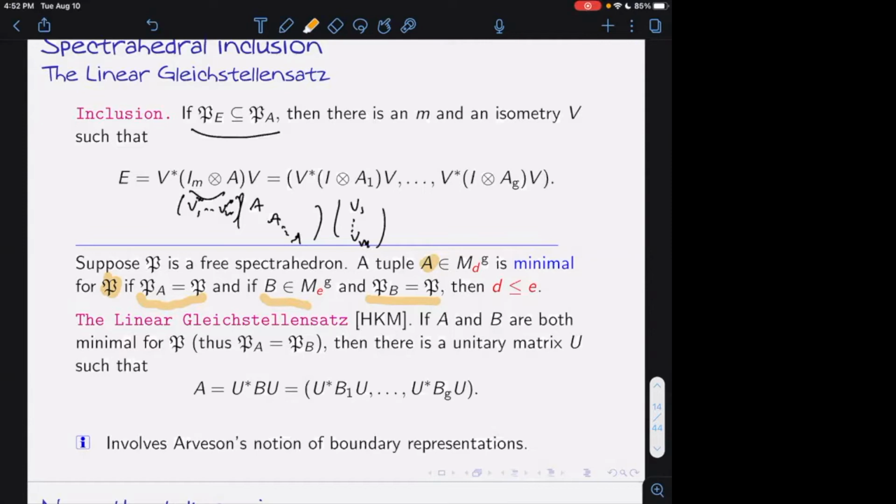So that's the D here and the E for the B. So that's the minimality, it's just a minimal size condition. And then what takes a bit deeper is the fact that any two minimal tuples for a given free spectrahedron are unitarily equivalent. So that's B is just unitarily equivalent to A. And of course, the unitary equivalence is entry-wise here.